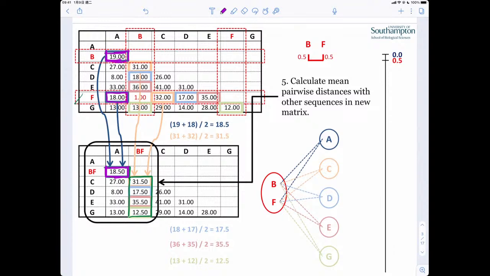So if we combine B and F into a small cluster, the distance between A and this small cluster BF should be the average of AB and AF. So 19 and 18, on average, the distance is 18.50.